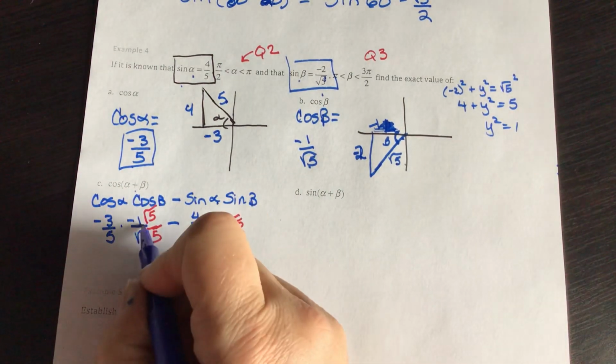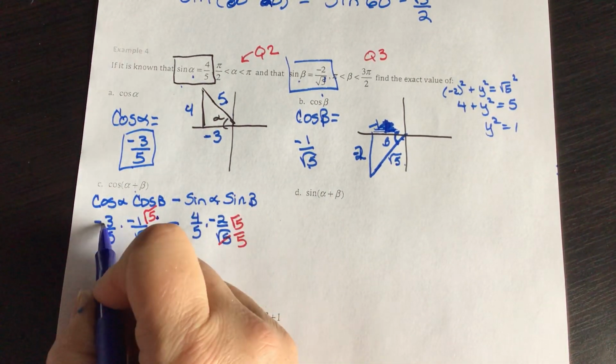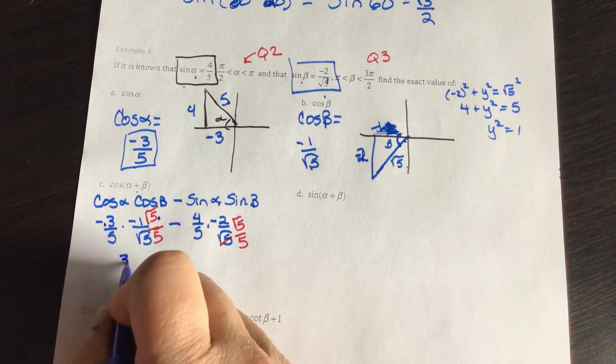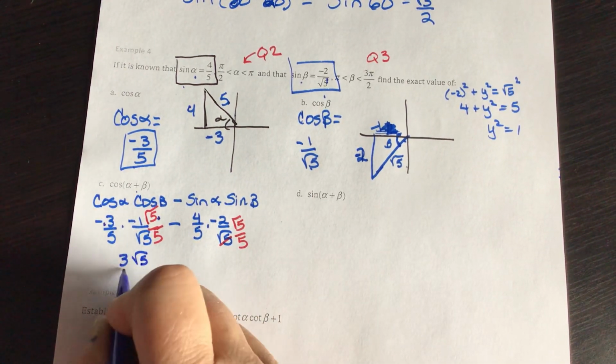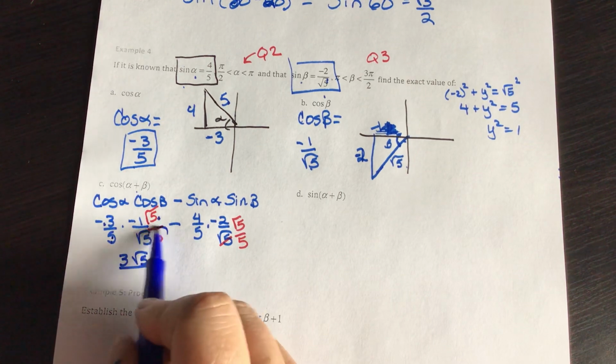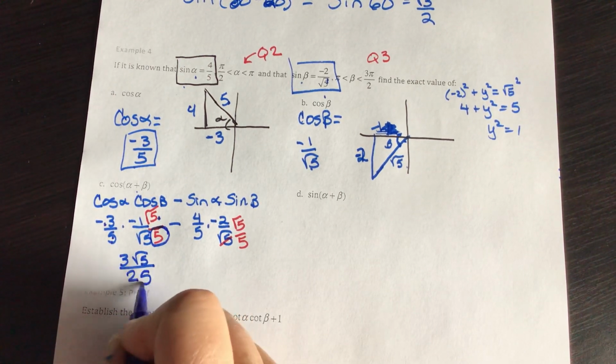So this is -1 square root of 5 times -3, so this is +3 square root of 5 over 5 times 5 is 25.